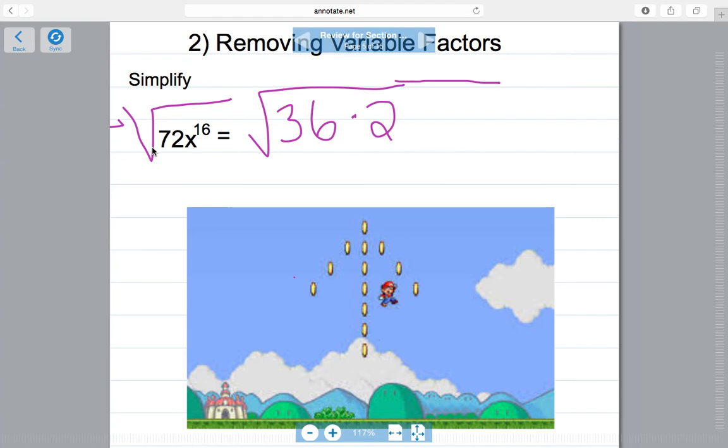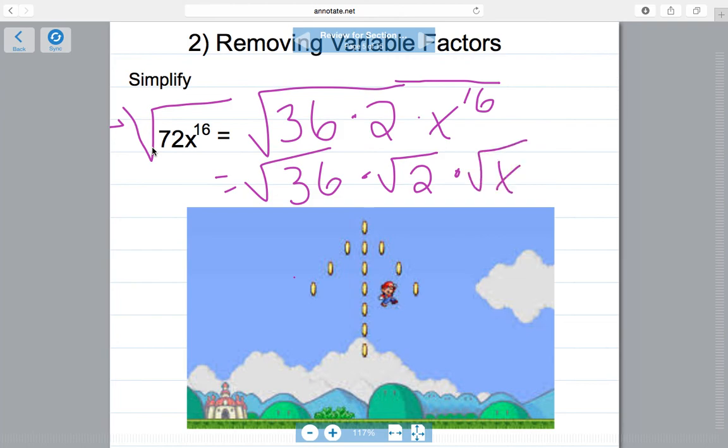And then x to the 16th, since it's even, we're just going to keep it as x to the 16th. We don't need to rewrite it anyway. So now we have the square root of 36 times the square root of 2 times the square root of x to the 16th.